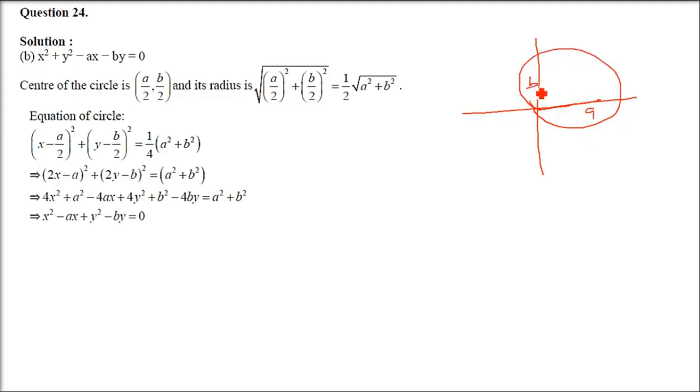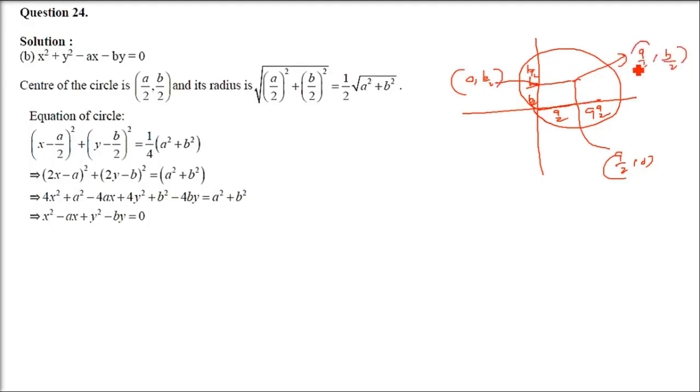So this is a and this is b. You draw a perpendicular from the center to the chord, which will divide it into 2 parts, a/2, a/2, b/2, b/2. This coordinate will be (a/2, 0), and this coordinate will be (0, b/2). So you get the center as (a/2, b/2).